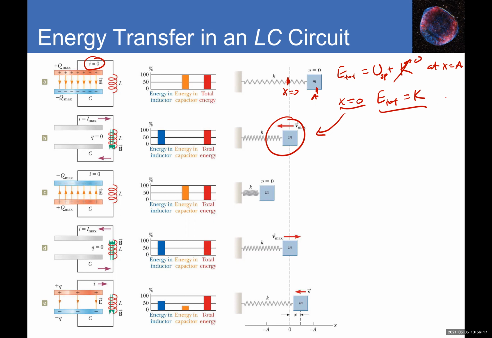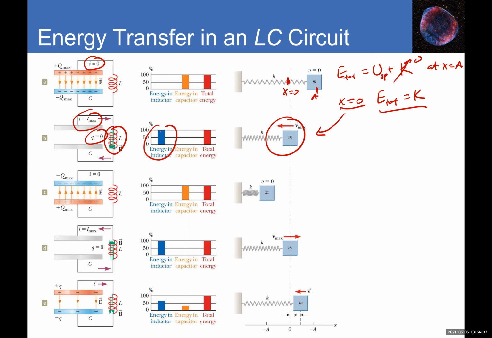That means at some later time, when all the charges dissipate, or basically you discharge the capacitor, what you get here is Q equals 0 and I equals I max. All the energy is now stored in the inductor as magnetic energy.